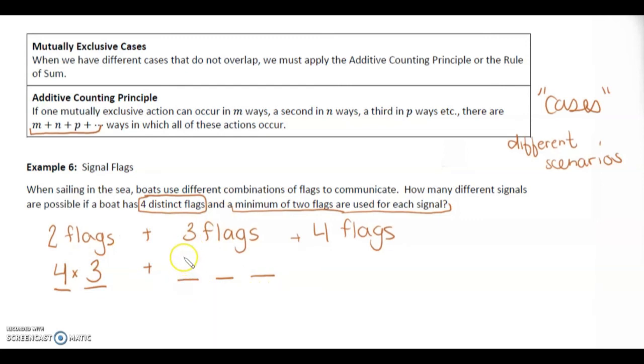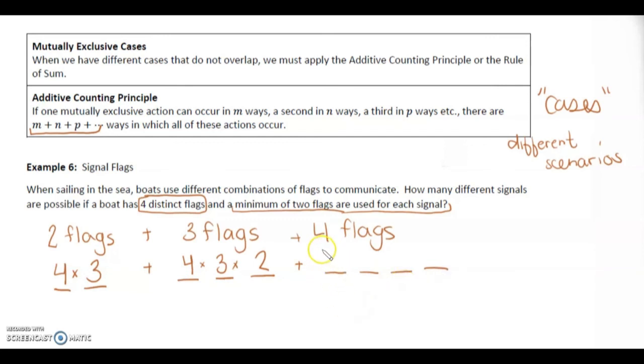The first flag, we have 4 flags to choose from. Then we have 3 flags to choose from. And then there are 2 flags left, so we have 2 flags to choose from.